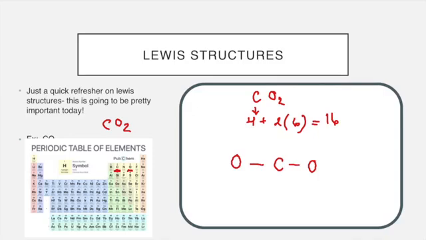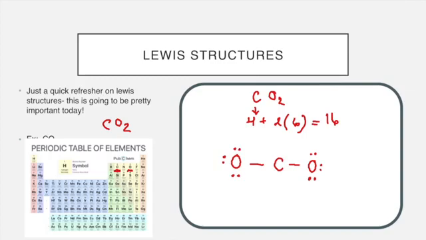The remaining electrons I'm going to put around the outside first. This time I am going to put some on the oxygens because oxygen is not hydrogen. It wants to have 8 electrons. So I'm going to fill up the octet of oxygen first. We already used 4, so here's 6, 8, 10, 12, 14, 16. So I'm all out of electrons.